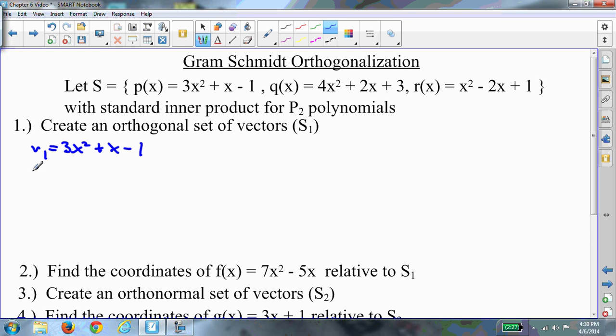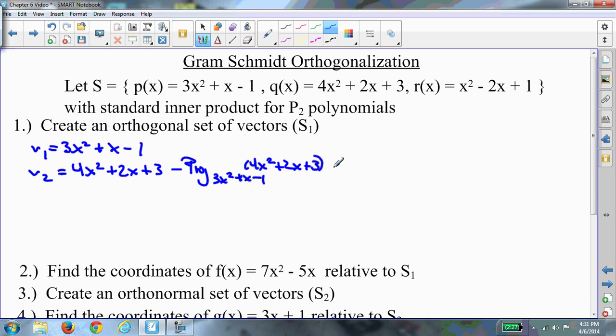v2 is going to be the orthogonal complement of the projection of q onto p. So this is going to equal 4x squared plus 2x plus 3 minus the projection of 4x squared plus 2x plus 3 onto v1, 3x squared plus x minus 1.